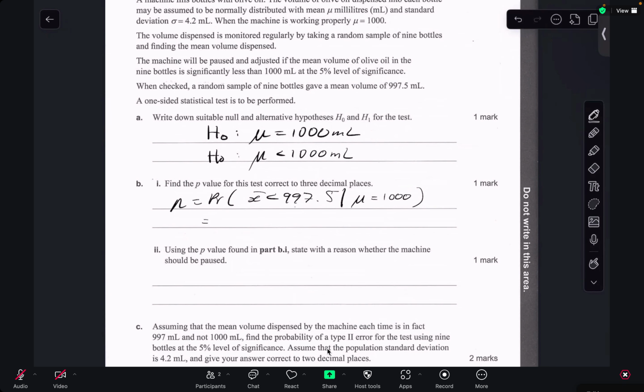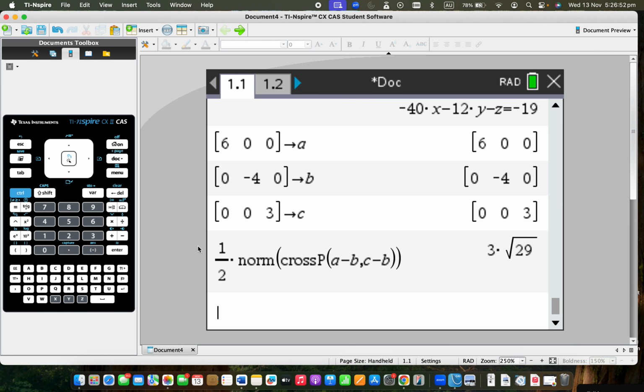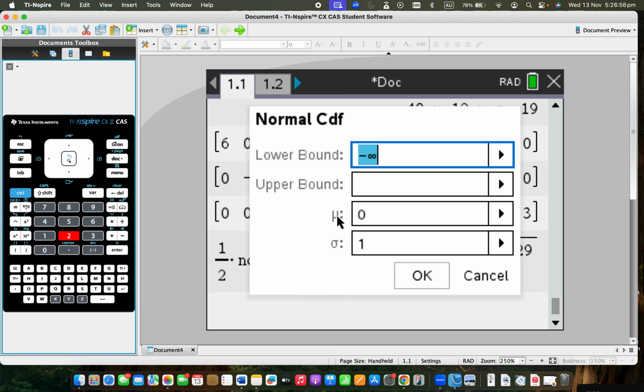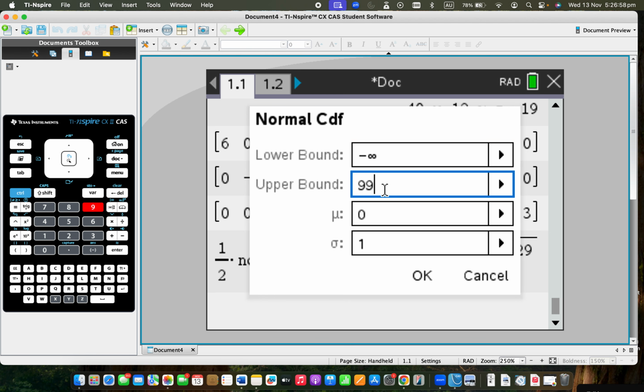Okay, so using the normal calculator menu 552, negative infinity to 997.5, the mean is 1000, and the standard deviation is 4.2 over square root 9, which is 4.2 over 3.